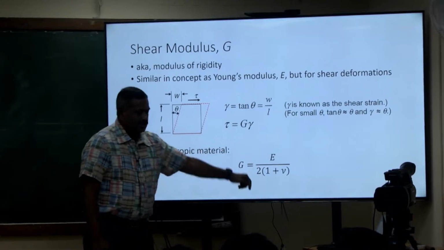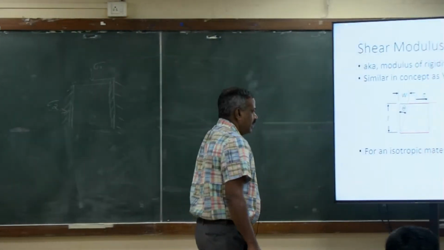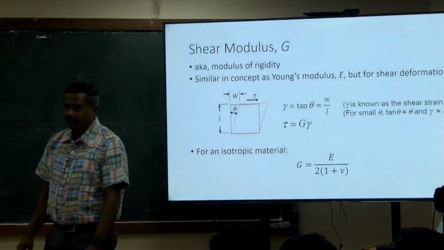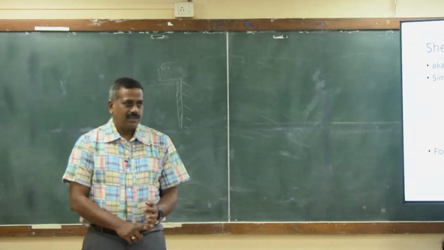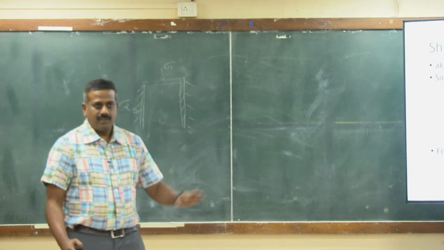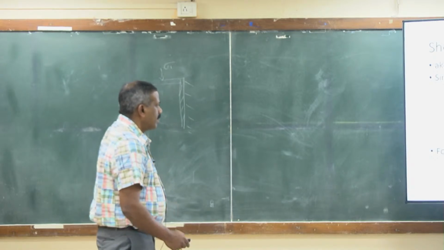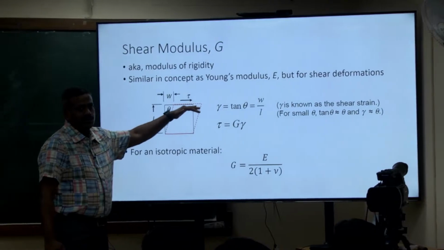Again, there is a relationship that relates Poisson's ratio and elastic modulus to the shear modulus. I'm not going into the derivation, but these are simple formulas that relate them. So if you know two of these, you can find the other one. And as the picture indicates, it comes from shearing, one layer moving over the other layer.